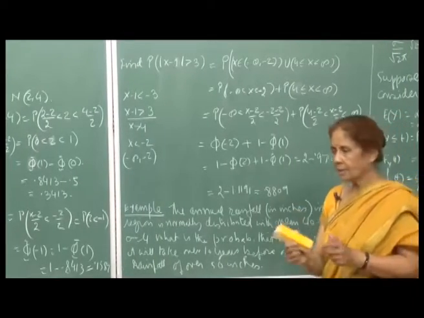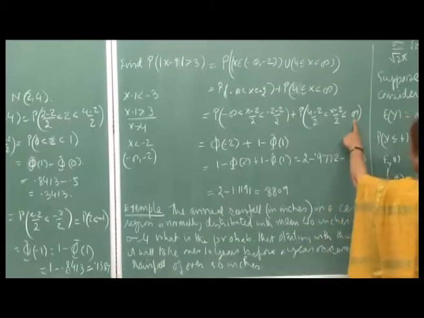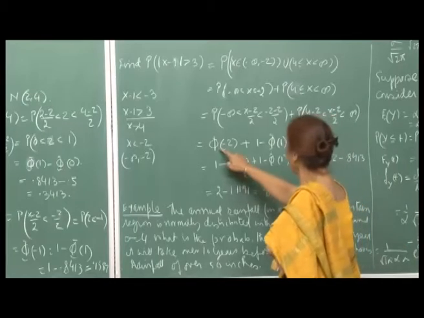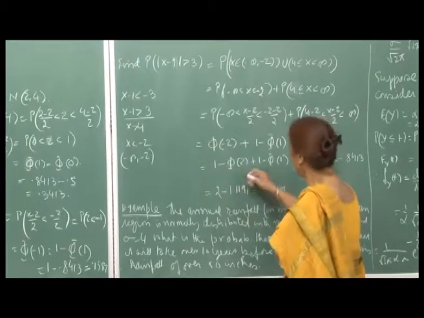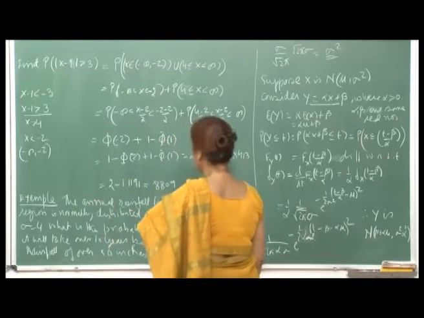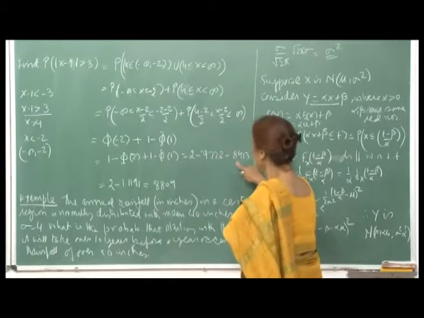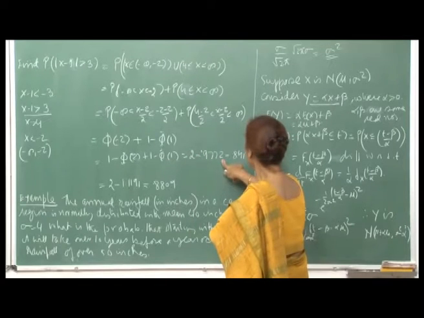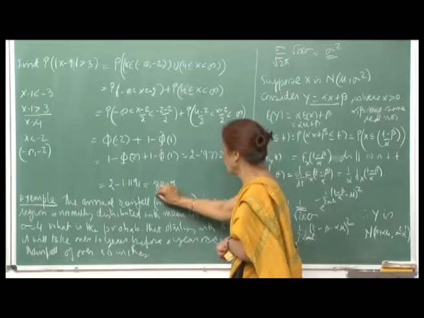And phi of minus 2 you can write as 1 minus phi of 2, again by our formula for computing negative probabilities in terms of positive ones. So, I just substitute the values. Phi of 2 from the tables is 0.9772, and this is phi of 1, and so this is the answer.